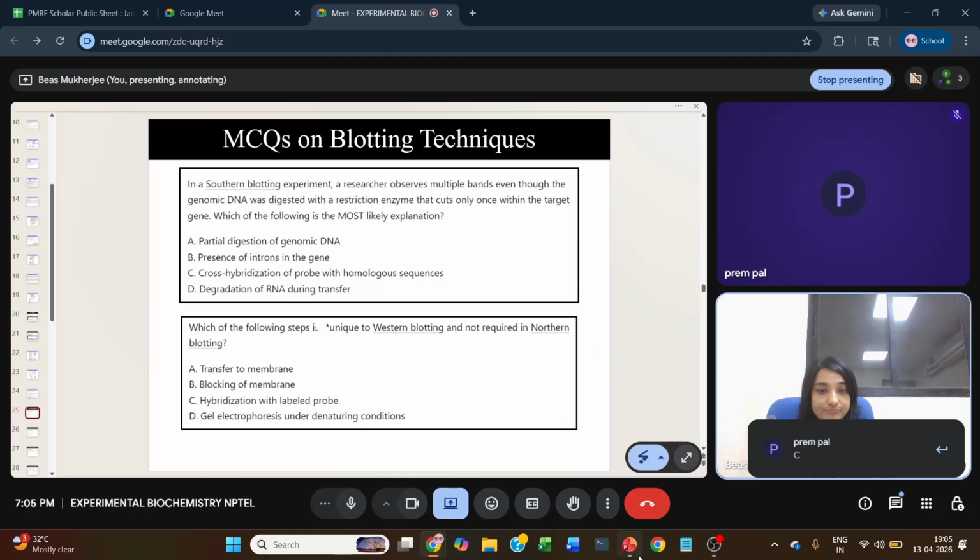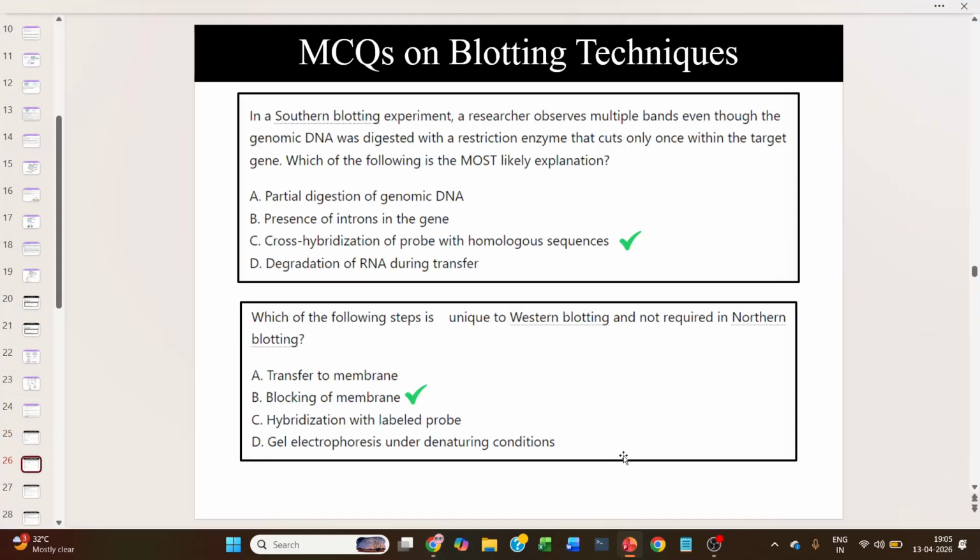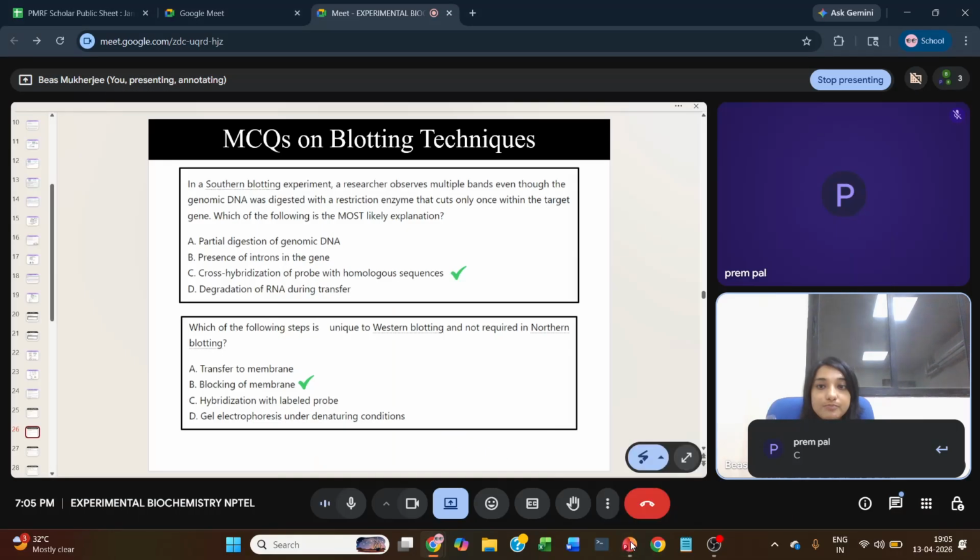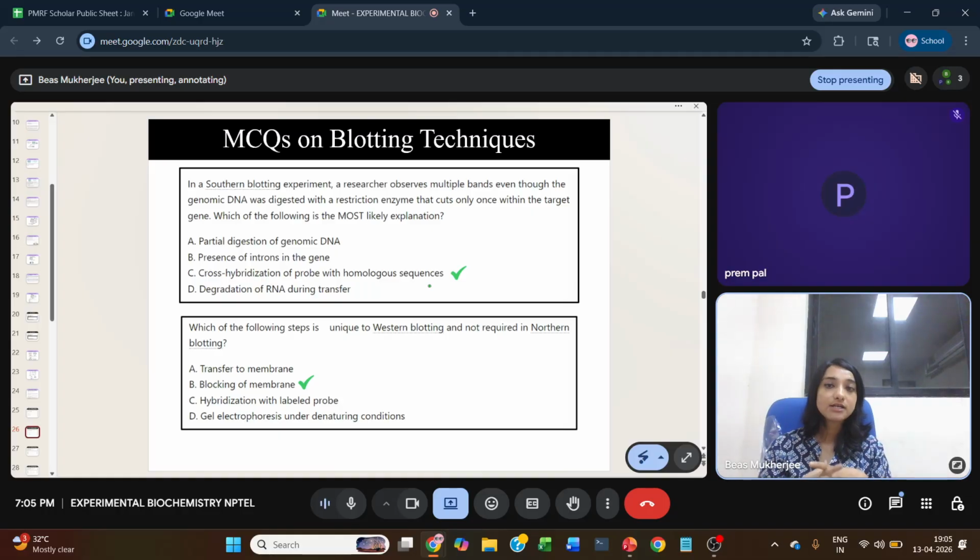Let's see. Okay. So for the first one, the most likely explanation is cross hybridization of the probe with homologous sequences. It is possible that there are a lot of homologous sequences in the genomic DNA, and the probe is binding to all of these, and that is why so many bands are there.